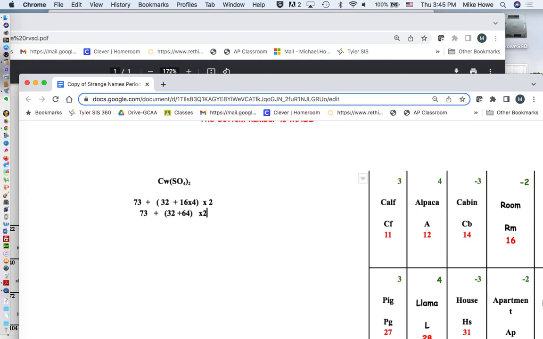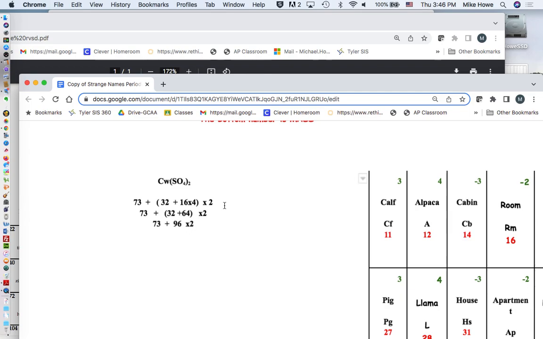I'll do that in the next line. So now we have 73 plus 32 plus 64 is like 96. Oh, and that's going to be 96 times 2.